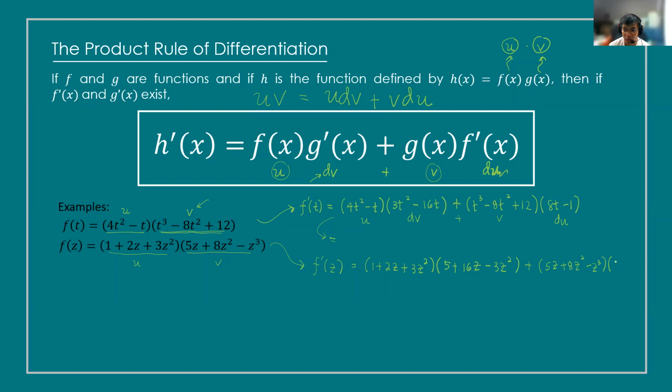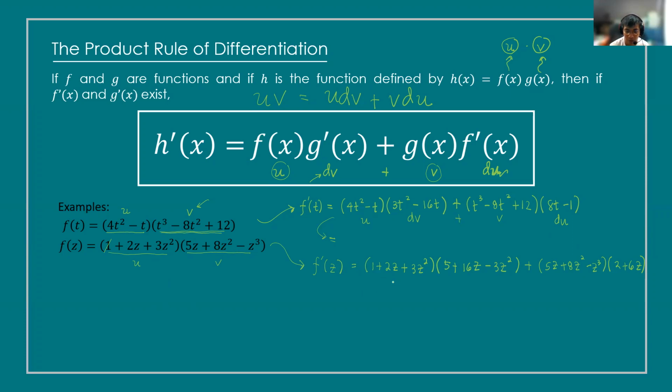This would give us 2 plus 6z only. Derivative of 1 is 0. Derivative of 2z is 2. So that's why we have 2 here. Then plus 3z squared, the derivative of 3z squared is 6z to the power of 1: 3 times 2 times z to the power of 1.